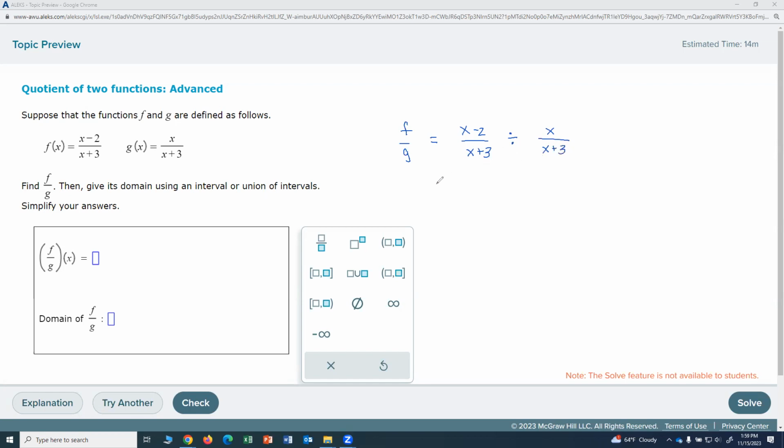Now we know from working with quotients that we can flip the second fraction and change to multiplication whenever you're dividing by a fraction. So this would become x minus 2 over x plus 3 times x plus 3 over x.